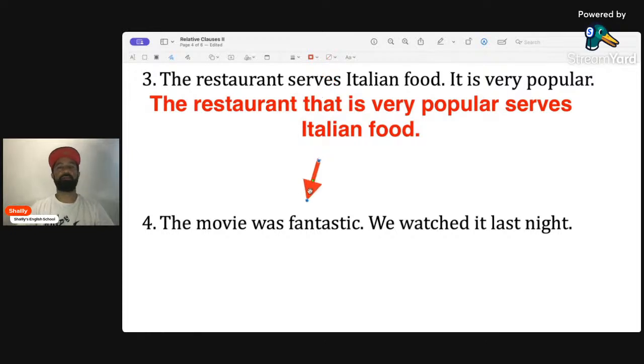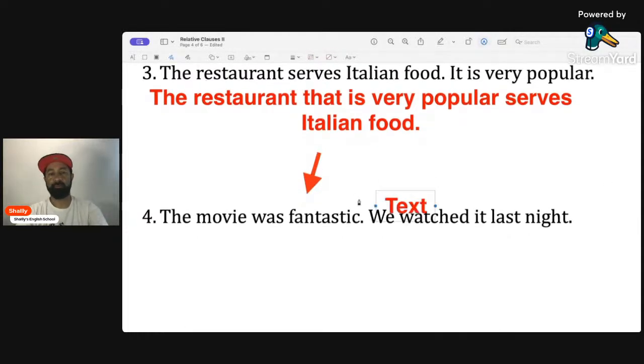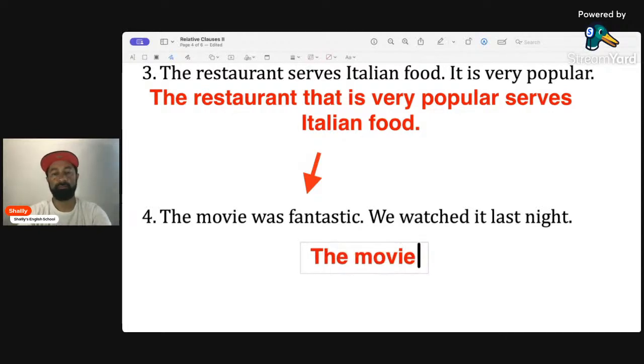All right, let's try number 4. The movie was fantastic. We watched it last night. I'll give everybody a couple of seconds.